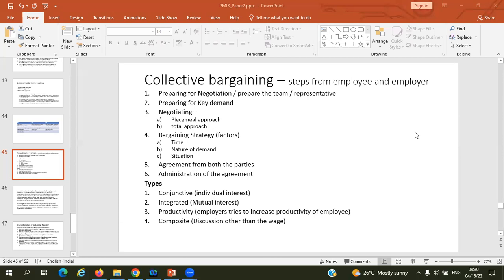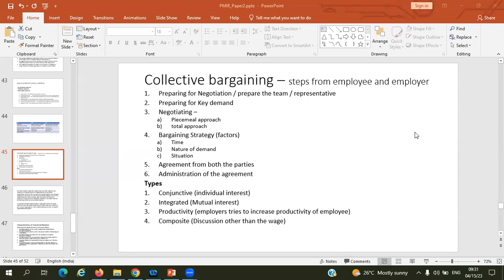It depends on the nature of the demand and what type of people are there. Based on that, we choose our bargaining style. So the first step, when you are preparing the bargaining team, is very important: they should have enough knowledge and enough awareness of what they are going to talk about, to whom they are going to talk, and how they are going to talk.